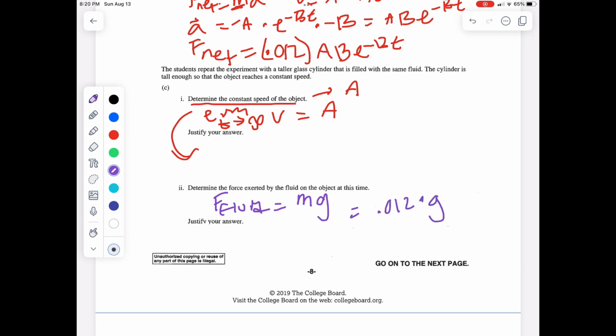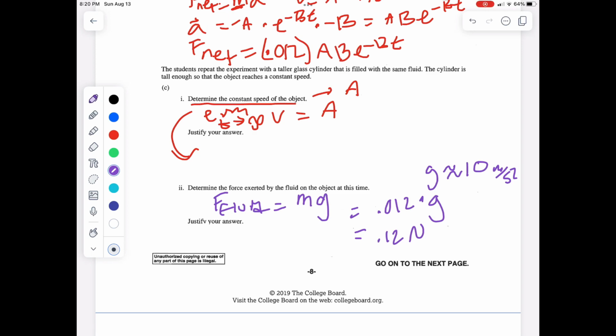And the justification for my answer is just what I just said, where it reaches its terminal speed, and because the only vertical forces acting on it are the force of the fluid and the force of gravity, and our net force must be 0, then these two must be balanced, so they must be equal. And if I was to solve this, I'll just say g is equal to 10 meters per second squared. Then I would just get 0.12 newtons as my resistive force.